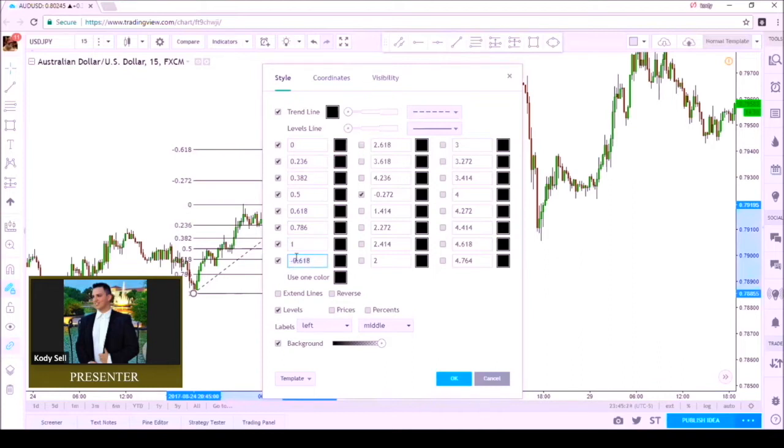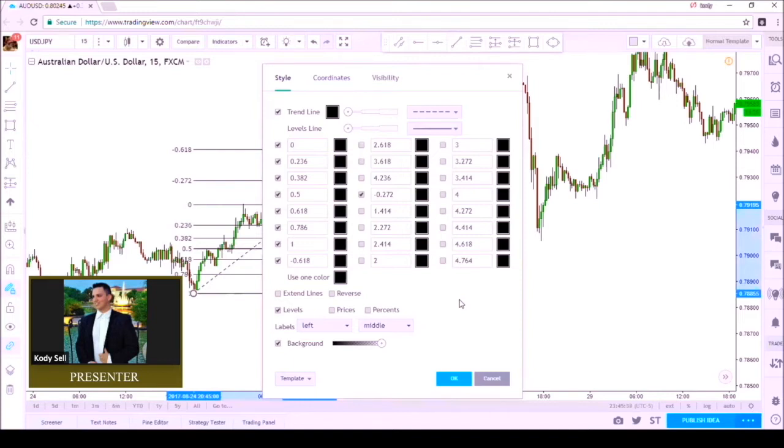It's negative 0.618, and you're going to want to create negative 0.272. So these are the fib levels that we here at New use for our chart analysis.